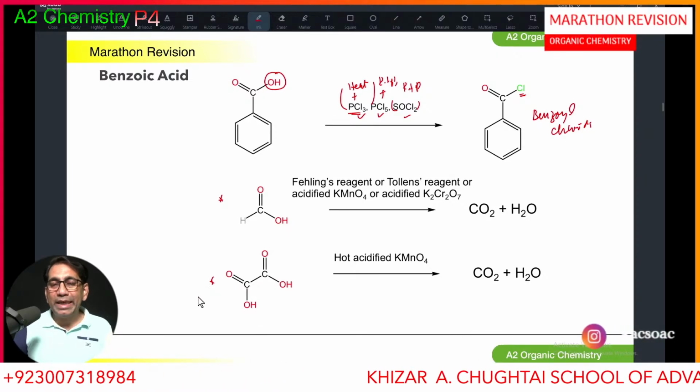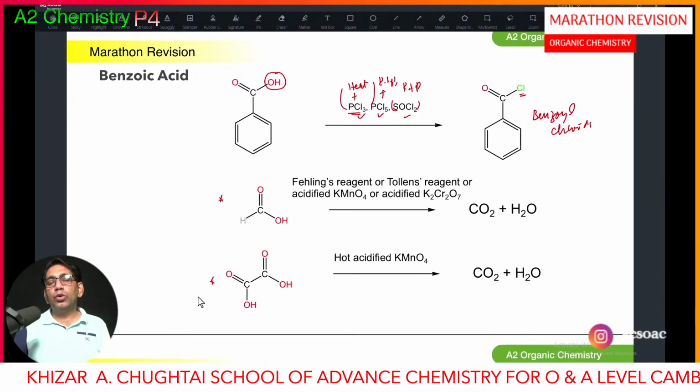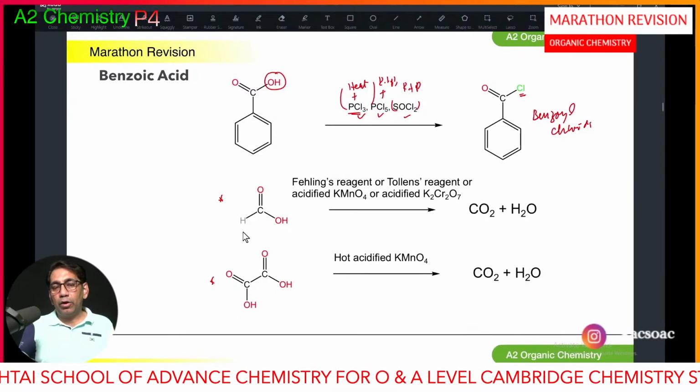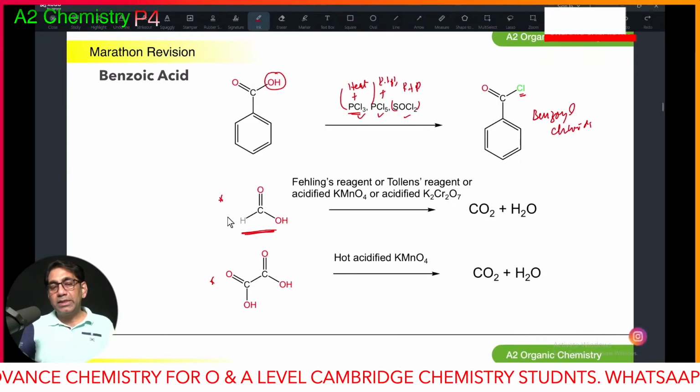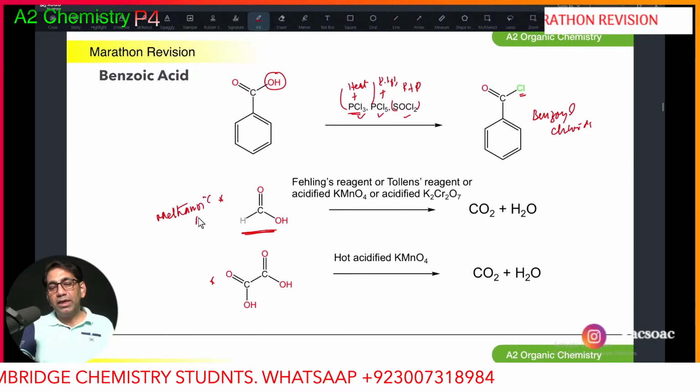Now there are two unique reactions for two acids. Normally carboxylic acid cannot be further oxidized, but there are two acids that can be. Number one is methanoic acid.